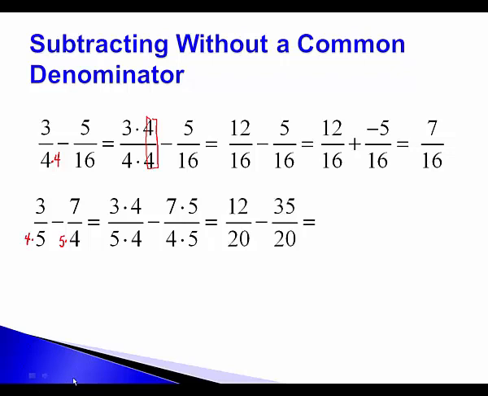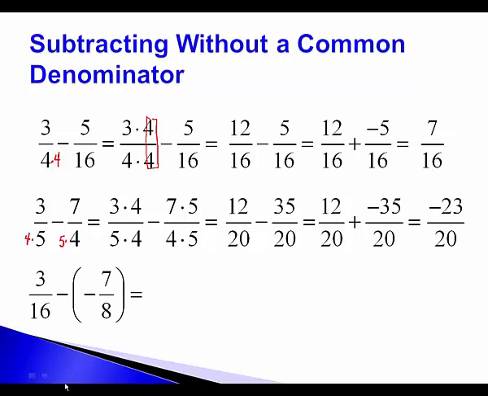I now have 12 over 20 minus 35 over 20. Once again, I will add the opposite, which leaves me with 12 over 20 plus a negative 35 over 20. That means I put $12 in the bank. I wrote a check for 35, so I'm definitely going to be in trouble, to the tune of negative 23. So my final answer is negative 23 over 20. And let's look at one more.